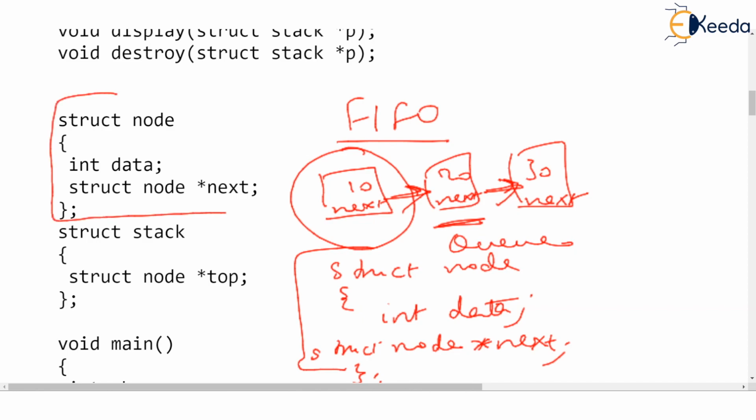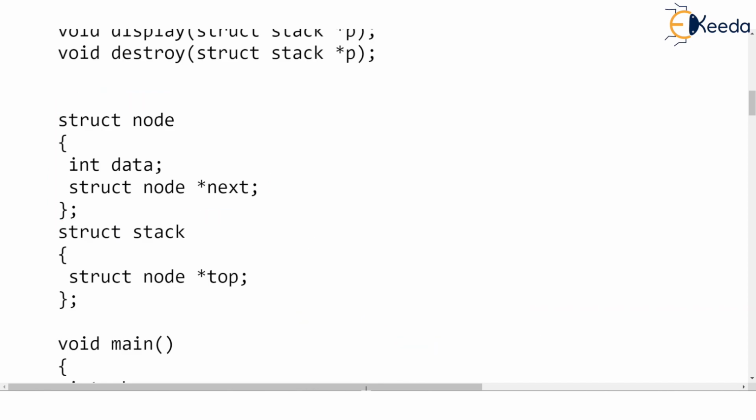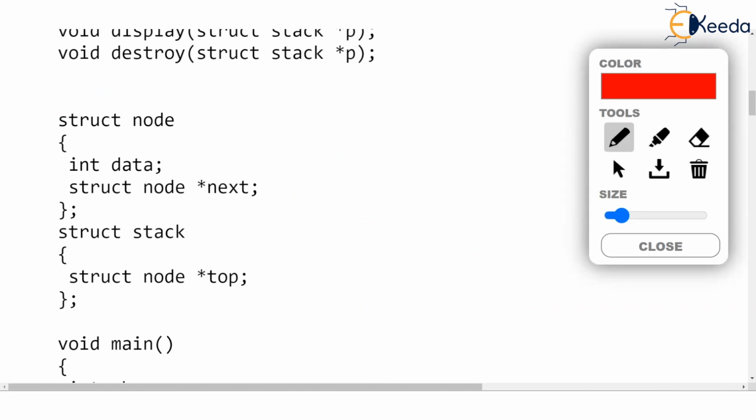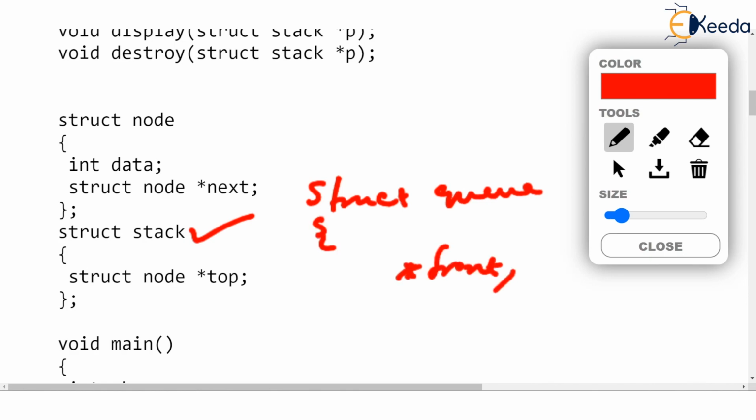But in this program we have declared a structure called stack, since we are creating a stack. In the queue program we will be declaring a structure called queue. And listen, queue is going to be maintained by using two pointers, front and rear. Both these pointers are of node type, where node itself is a structure. And here ends the declaration.